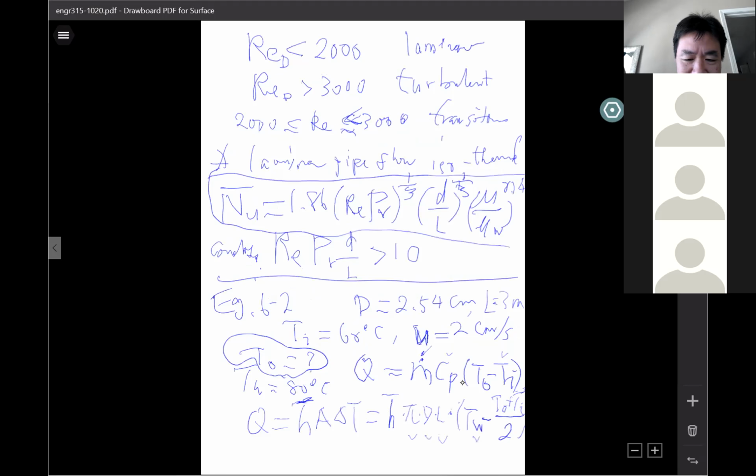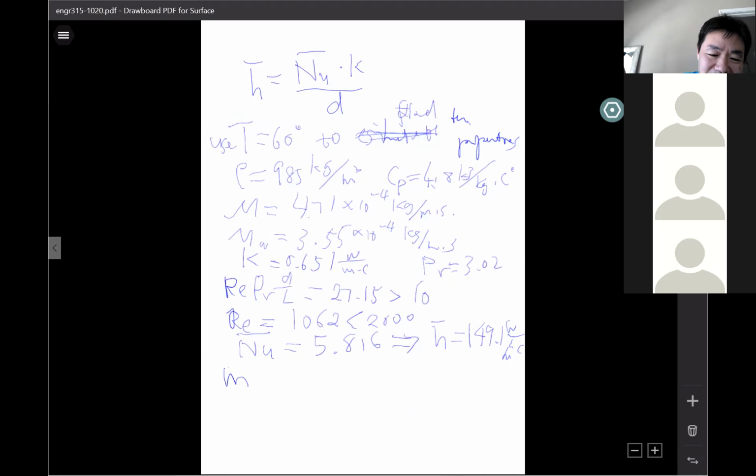Okay, now go back to the previous page. Now we get H calculated. Everything is calculated here except the TO, the outlet temperature in this equation. M dot, we haven't calculated M dot yet. What is M dot? Rho times cross-sectional area. Be careful, this is not the surface area of the pipe. This is the cross-sectional area of the pipe where the fluid goes through, times the velocity.